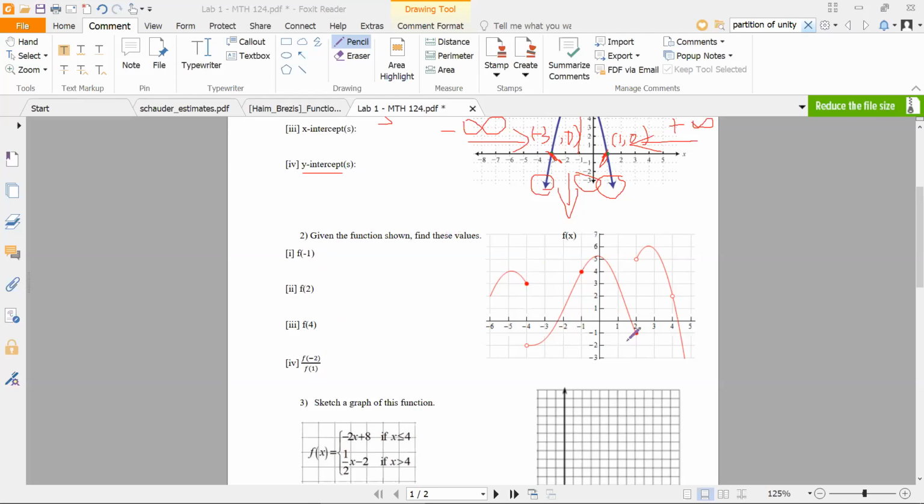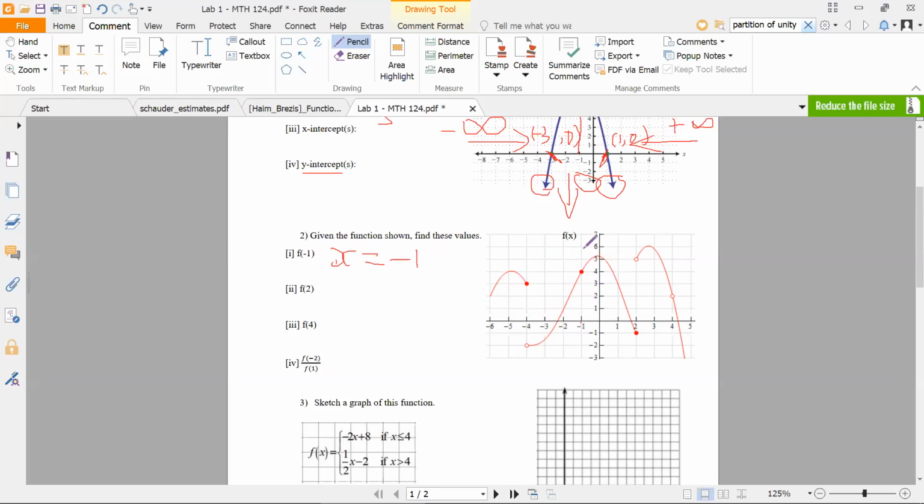f(-1). So how do we find this? For this one, you just need to look at the point. This function depends on x, so when x equals -1, this is x here. How do you know the value of f(-1), which is the value of y?